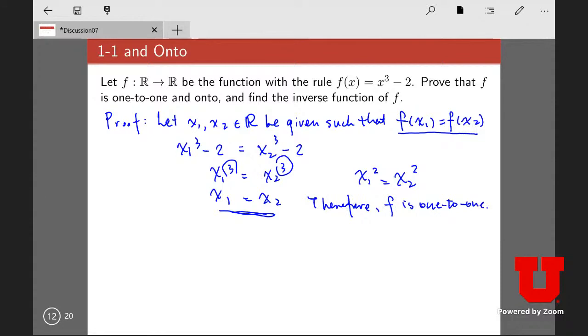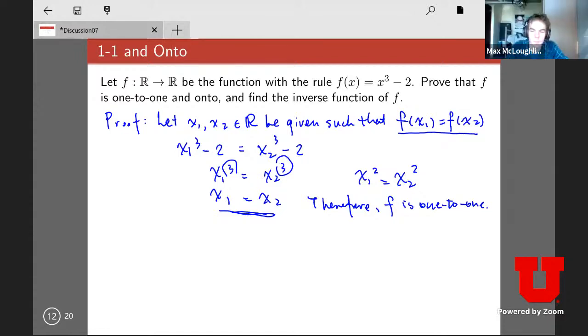All right, how do we prove onto? What does onto mean? It means that every element in the codomain has a corresponding element in the domain, right?